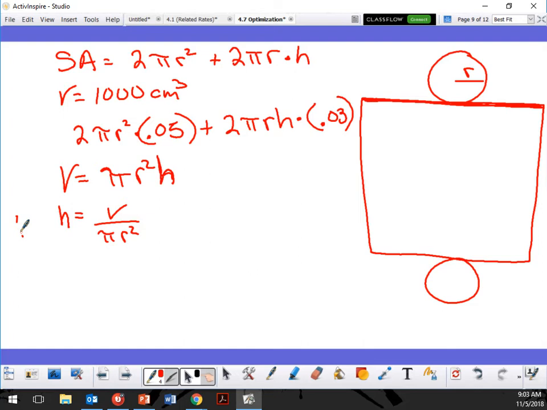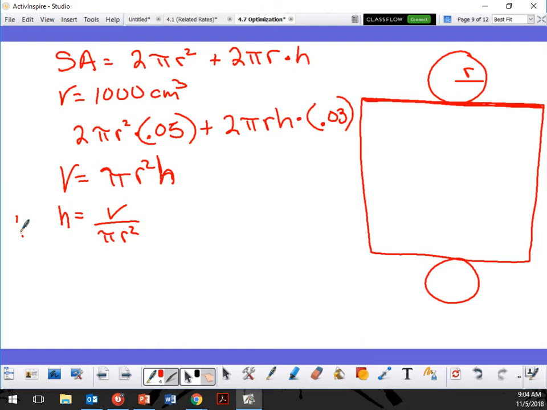So I'm going to be minimizing everything for my r value. Let's go ahead and replace it on another page, because I don't want to cram up this one.